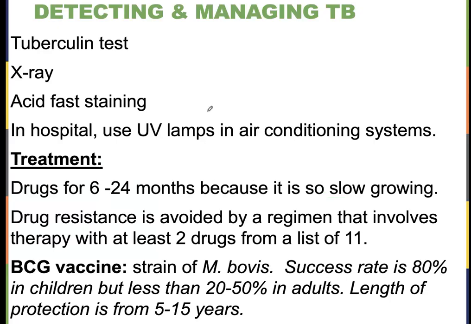And just to wrap up a little bit, reviewing what we learned in past chapters, how can you detect or manage tuberculosis? Well, here in the United States, we always do a tuberculin test, right? This is our PPD or Mantoux test because we do not vaccinate and it's not prevalent. It's not an endemic disease here in the United States. So whenever you get a job, go to school, or are ever going into a crowded environment, they will do a tuberculin test on you to make sure that you've never been infected.